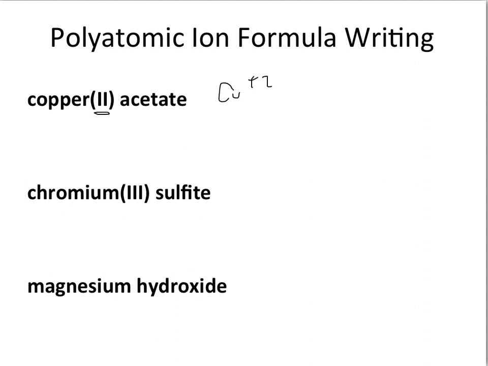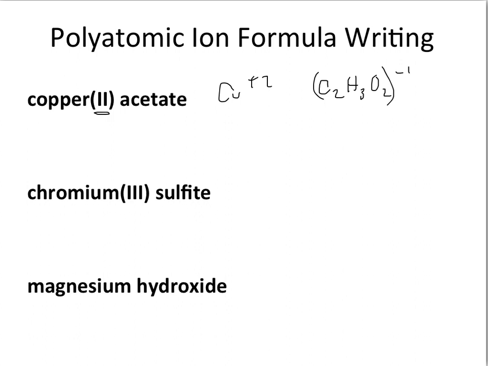I know that because the Roman numeral 2 is in these parentheses, which corresponds to the transition metal's charge. Acetate is one of the polyatomics that we should have memorized: C2H3O2 -1. I'm going to put parentheses around the polyatomic ion because I want to make sure that I don't accidentally incorrectly write some of the subscripts.